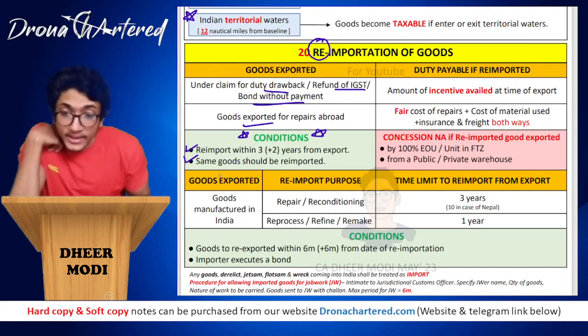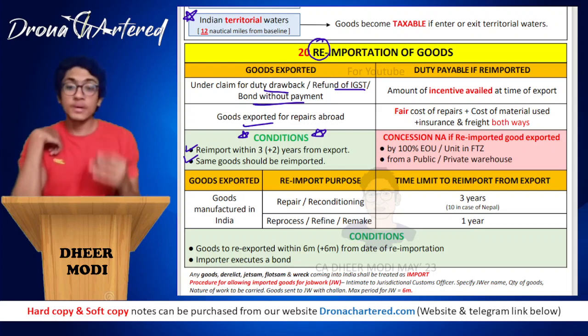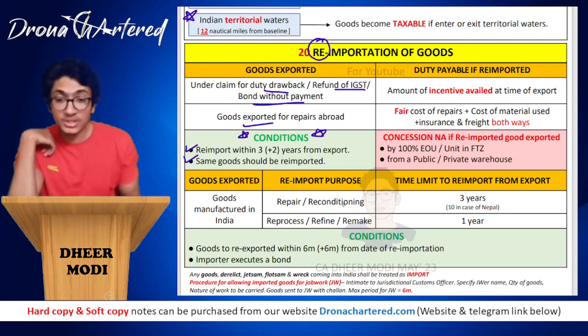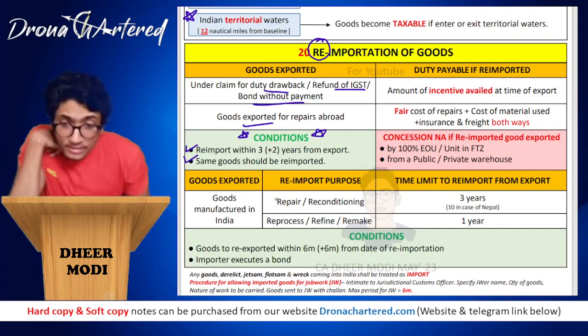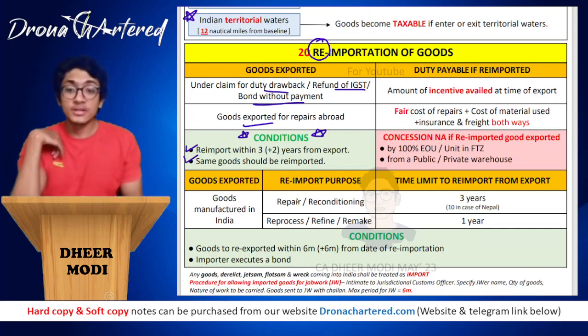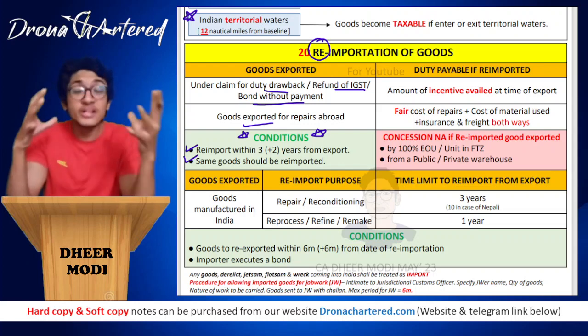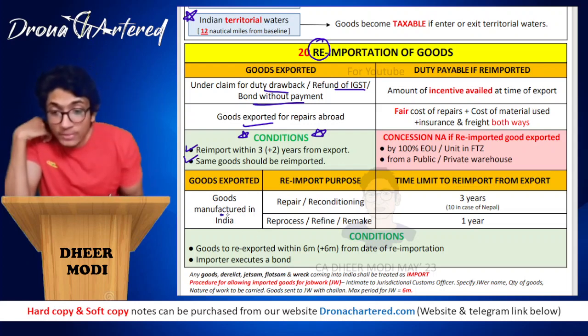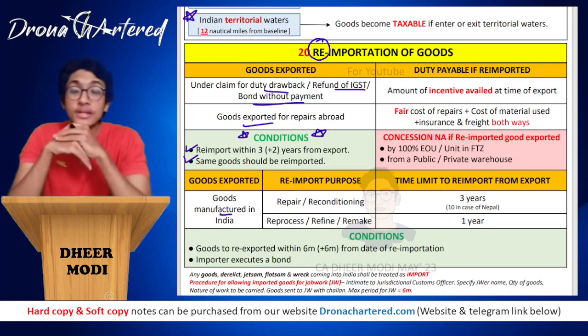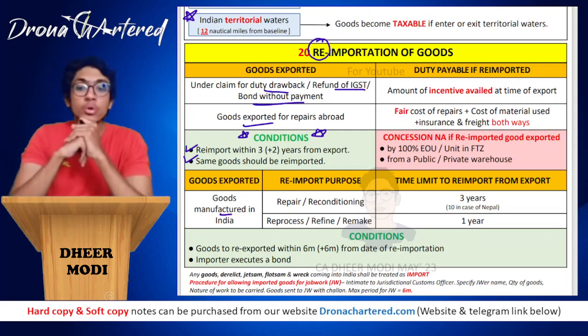Next, goods manufactured in India and re-imported for the purpose of repairs or reconditioning. That means originally the goods were manufactured in India, then you exported these goods, that means you sold it.